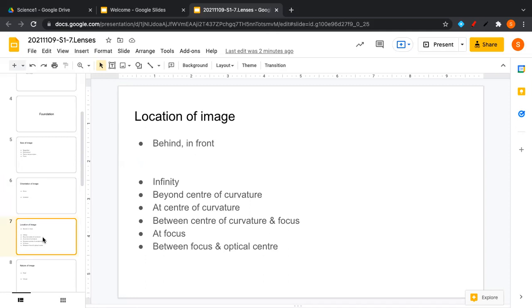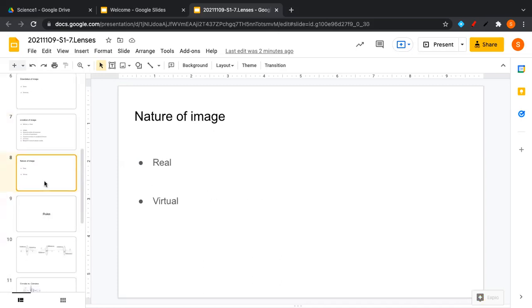More specifically, infinity, beyond center of curvature, at center of curvature, between center of curvature and focus, at focus, between focus and optical center. Finally, nature of the image, real or virtual. Lot of information that we need to know to get even more information.